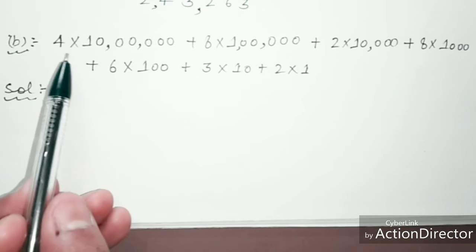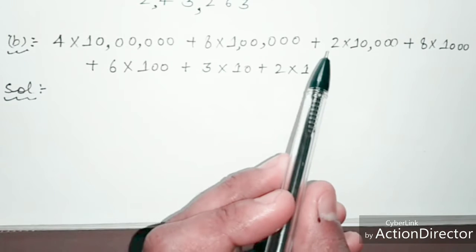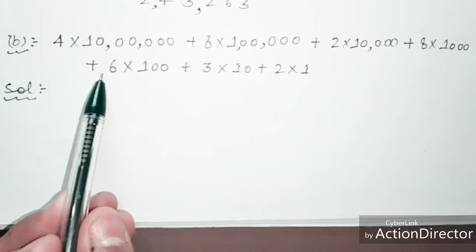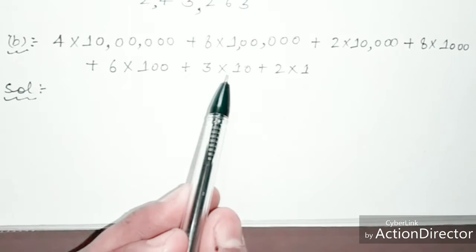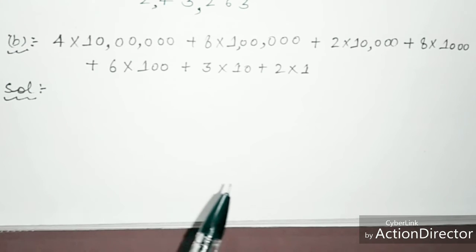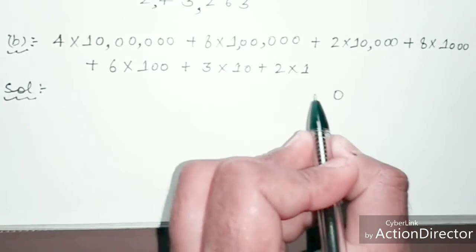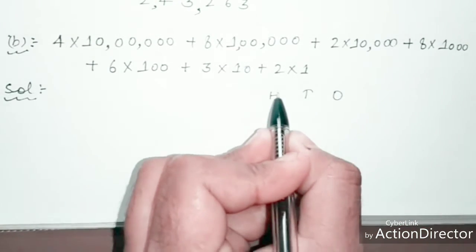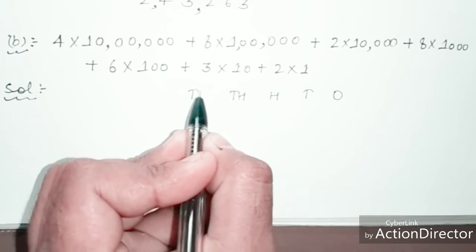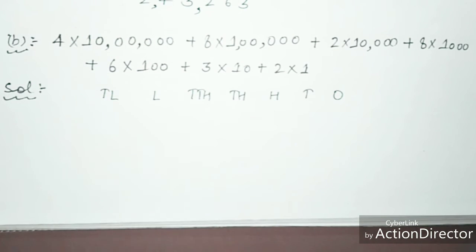Now here 4 into 10 lakh plus 8 into lakh plus 2 into 10,000 plus 8 into 1000 plus 6 into 100 plus 3 into 10 plus 2 into 1. So this is the expanded form of the number. So first we write place values: ones, tens, 100, 1000, 10,000, lakh and 10 lakh.